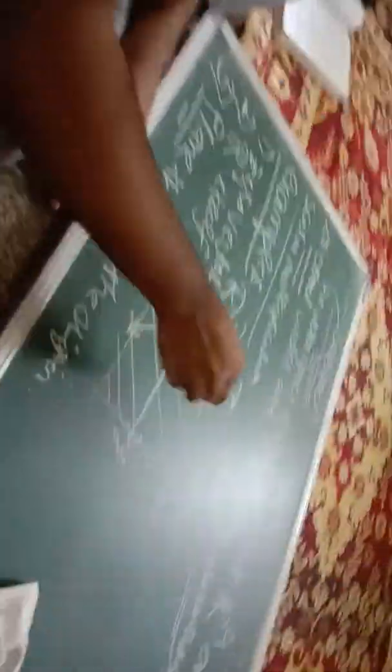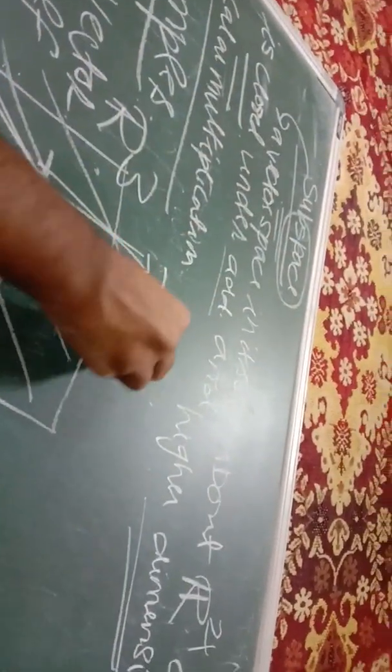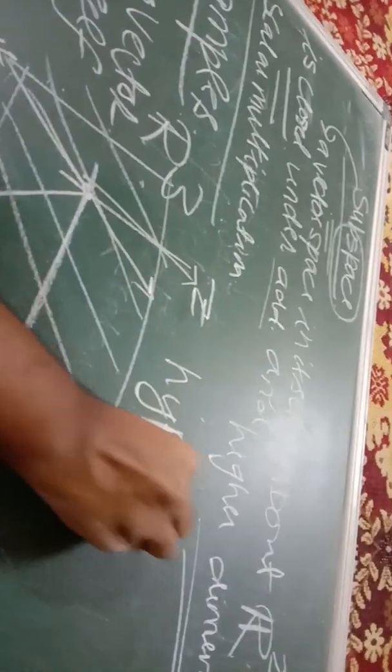Okay, so now what about higher dimensions? In higher dimensions, you will have what is called a hyperplane. A hyperplane is nothing but giving words to our feelings. It is a plane-like structure in Rn.